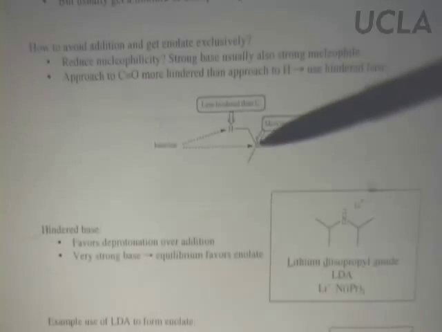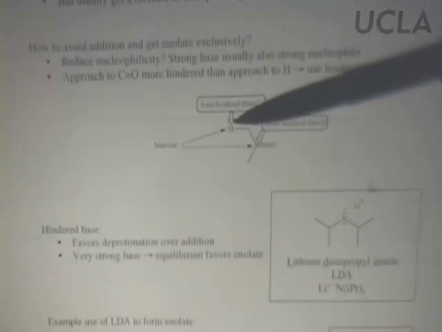So how can we take advantage of that? We can take advantage of that by remembering that a strong base is still a strong base, but if we make it sterically hindered, we can inhibit it, make it harder to attack the carbonyl. Give it a greater preference, if you will, to go for the less sterically hindered hydrogens.